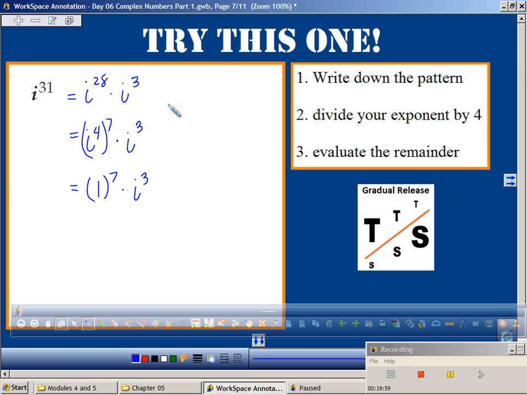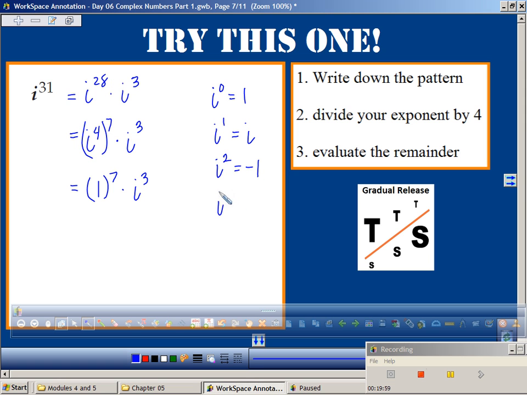Now I say to myself, okay, so I need my little table. i to the 0 is always 1. i to the 1 is always i. i squared is my magic negative 1, not magic, we figured out why, right, with an area model.